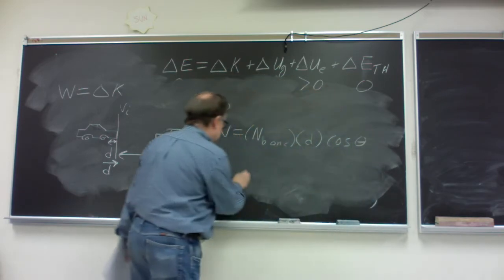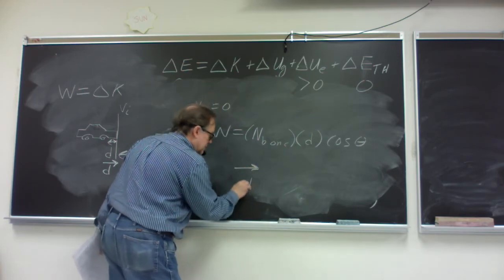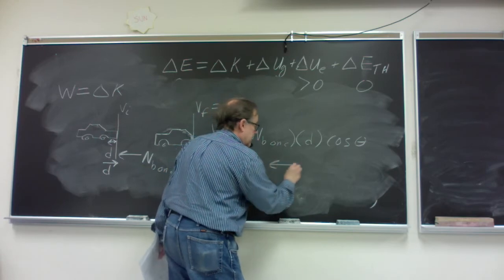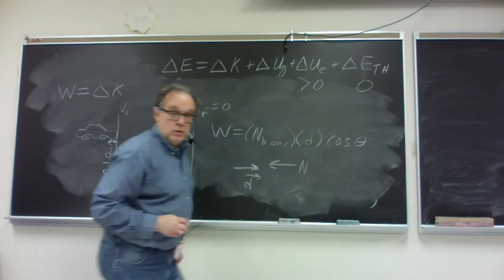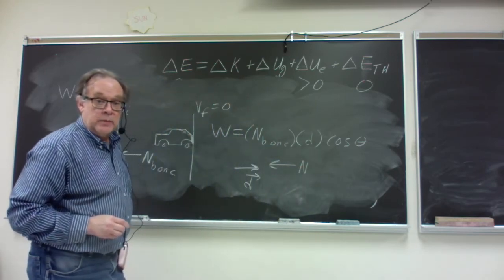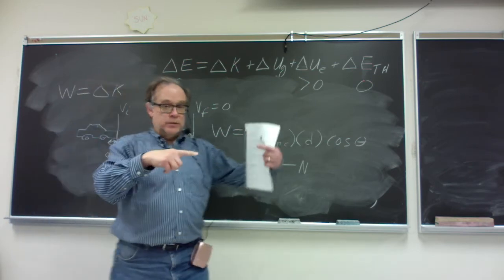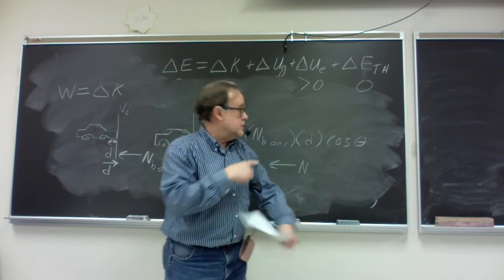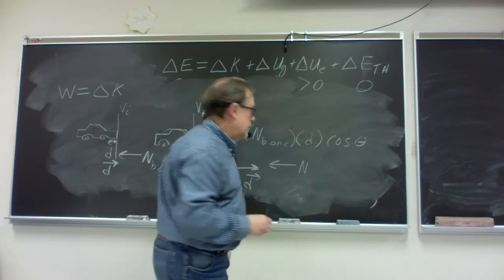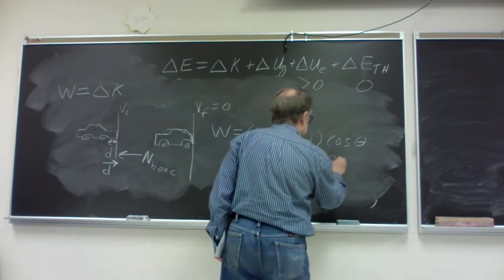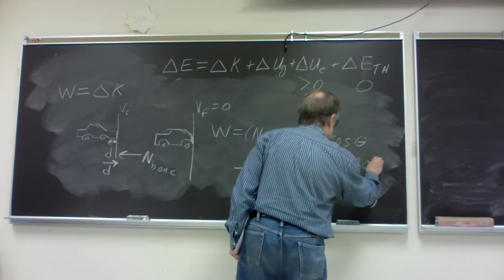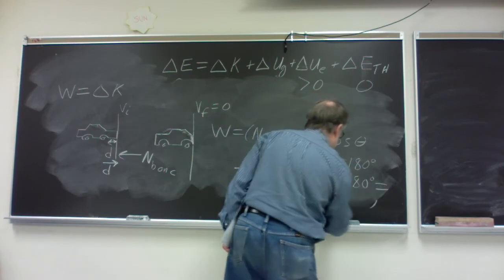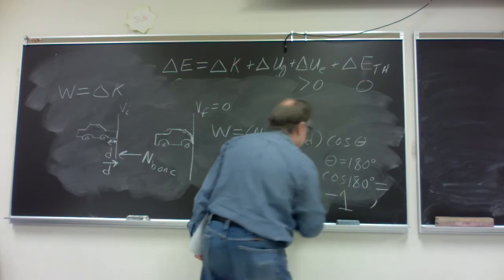So in this case, the displacement was this way. The car was moving to the right while it was being brought to a stop, while it was feeling a leftward force from the barrier. So the displacement direction and the force direction are perfectly opposite, 180 degrees apart. That angle is 180 degrees. Cosine of 180 degrees is -1.